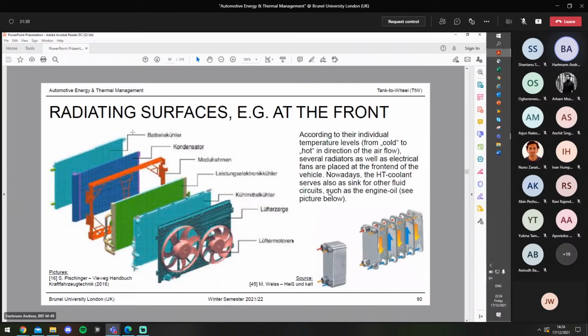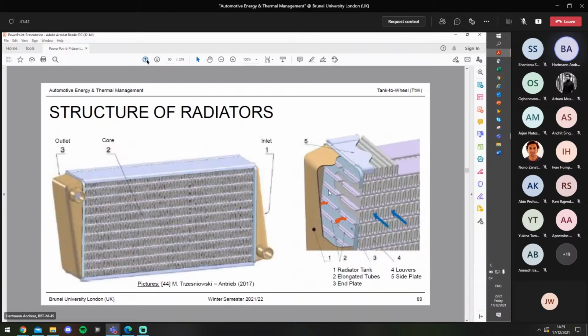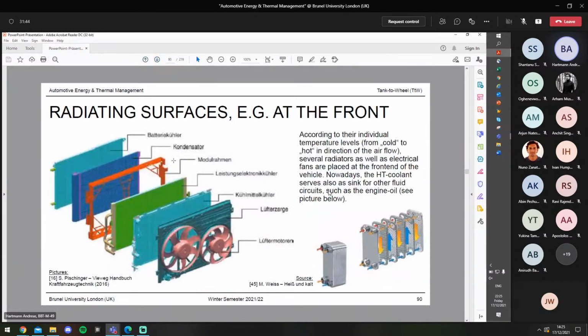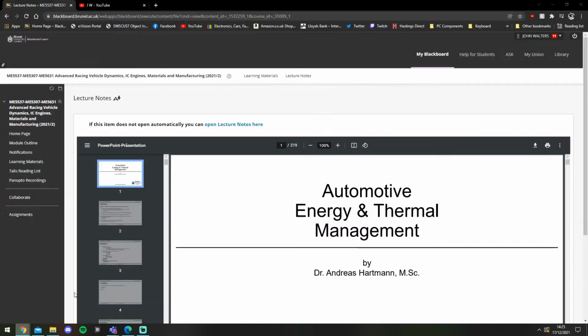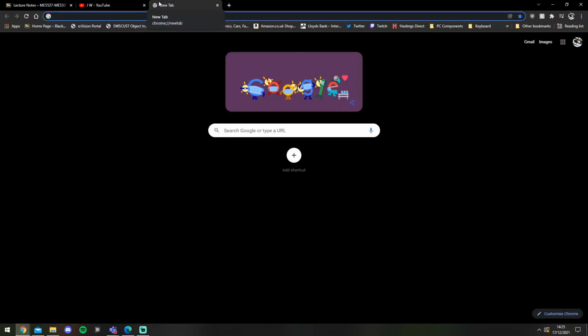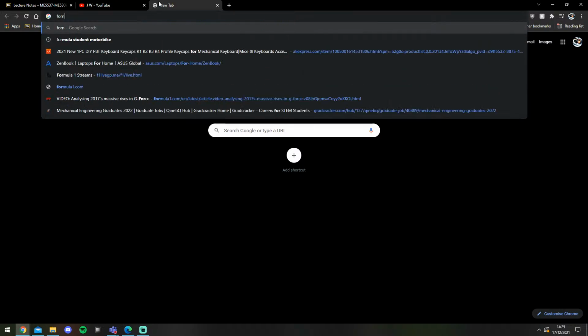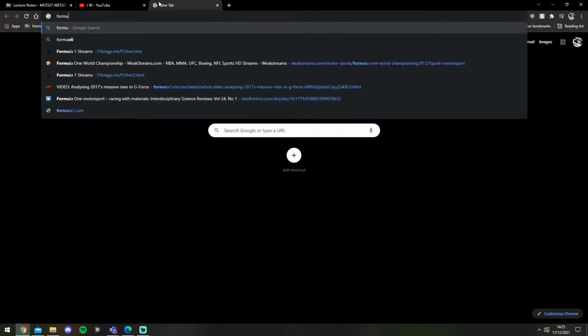But nowadays, it's not only about just one radiator in front of the vehicle, but actually many of them. As we already talked about, we have different fluid circuits applied in state-of-the-art vehicles. For example, we might have a radiator for the battery, the condenser of the AC system, a radiator to cool the power electronics of a hybrid electric vehicle, the radiator for the actual coolant of the engine and so on.